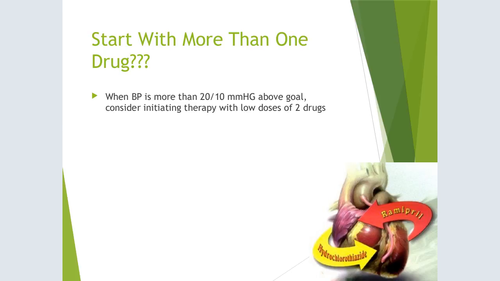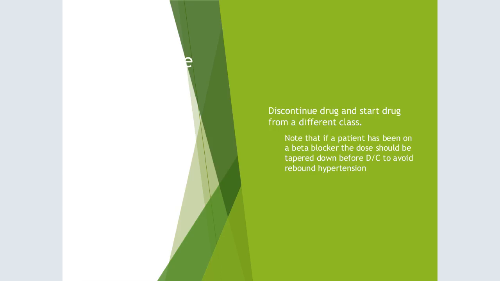But if their blood pressure is elevated enough, more than 20 points systolic or more than 10 points diastolic, you can consider starting with 2 low dose drugs like lisinopril and HCTZ. You could do that to try to get them to goal quicker. It's not a mandate. You can consider that.